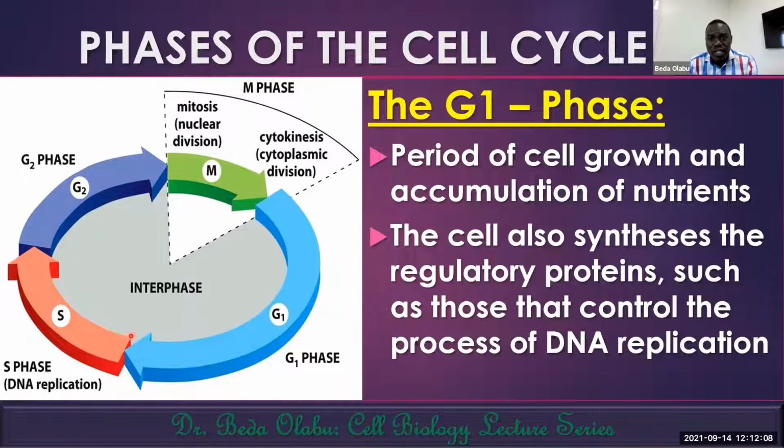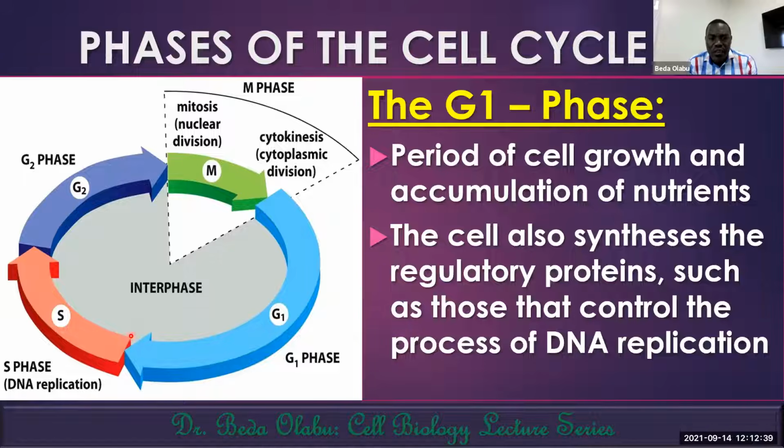But remember, this cell is intending to divide later, some days. Because it is looking forward to division, it means that at some point it will have to replicate its genetic material. And if this cell is going to replicate its genetic material, then it needs the correct machinery that will regulate the process of DNA replication.